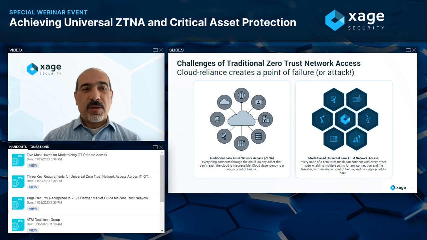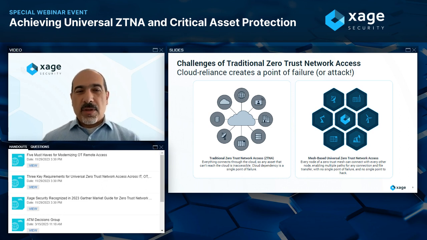So as a result, access to them becomes uncontrolled. Using a centralized cloud system also creates a single point of attack and single point of failure. Many of the operational environments are not able to adopt such architectures because of that concept. If my network connectivity to the cloud goes away, that means I lose my asset protection and I lose my access controls.